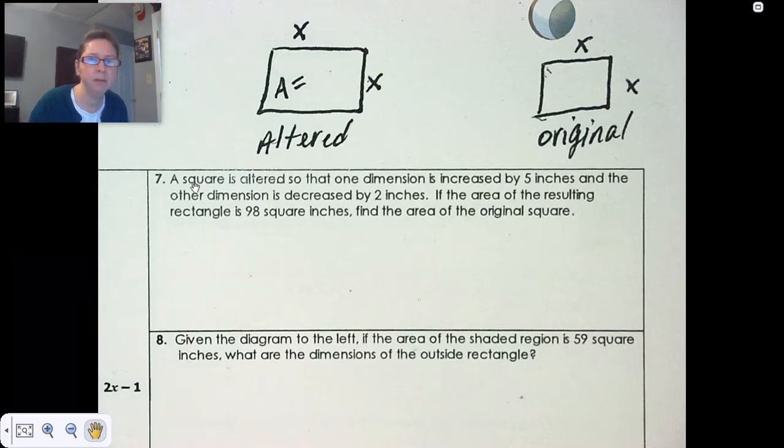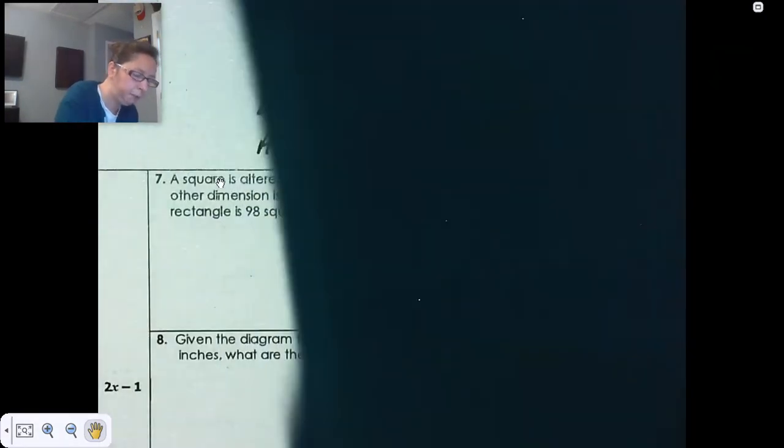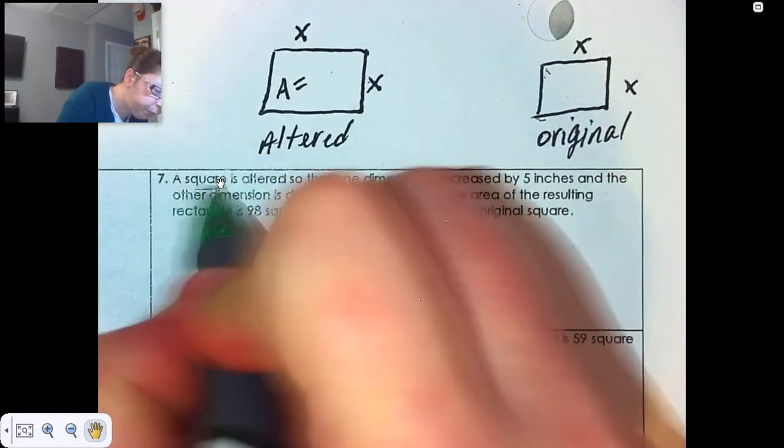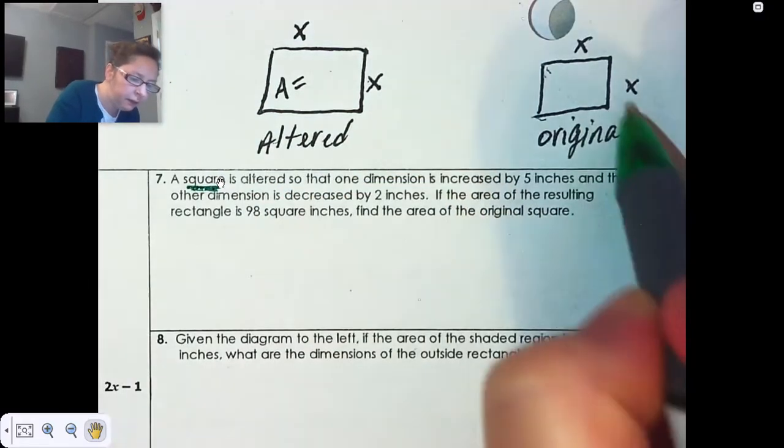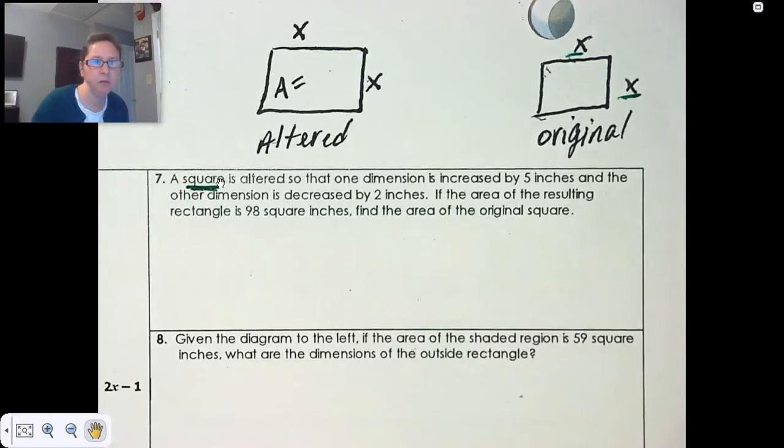So let me start out by saying a square. They expect you to understand that a square here means that the length and the width are exactly the same value, because that's what it means to be a square. So I put x and x, okay?